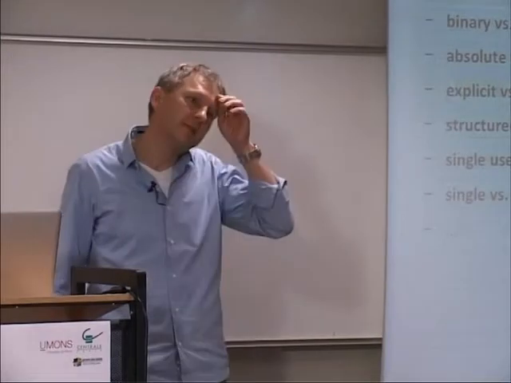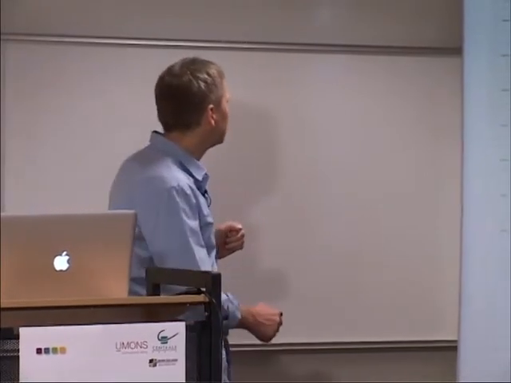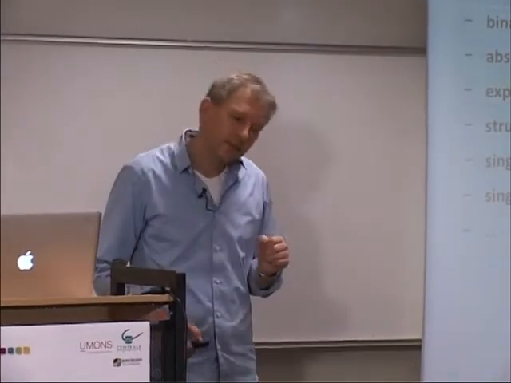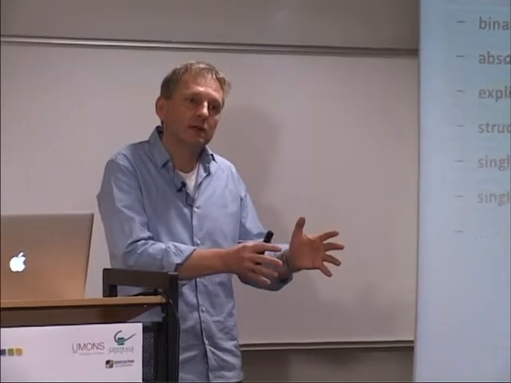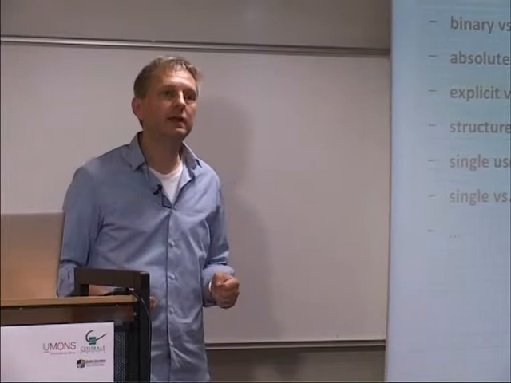Preferences, I think my examples already showed this, can be expressed in many different ways. For example, binary versus graded: you can just say what you like and what you dislike, or you can give preference ratings on a more fine-grained scale. Preferences can be expressed in an absolute or relative way, so you can assess a single choice alternative, or you can compare competing alternatives with each other.